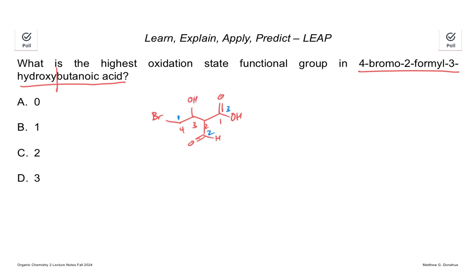And so its oxidation state again would be 1. So the prioritization of functional groups is based on oxidation state. And then you just have to know how to convert that substituent into its proper name. So bromine becomes bromo. Again, the aldehyde becomes formyl. The alcohol is hydroxy.